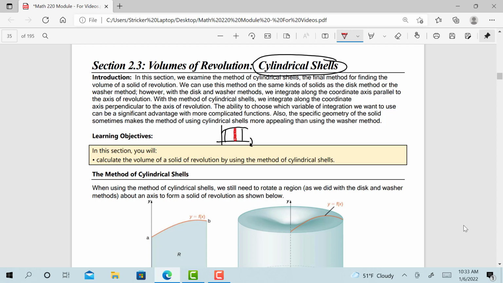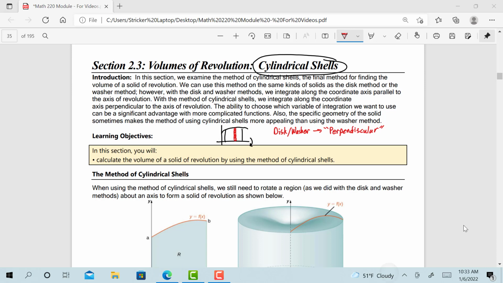So with the disk method or the washer method, when we're talking disk or washer, our rectangle is perpendicular. So for the disk method, it's perpendicular.